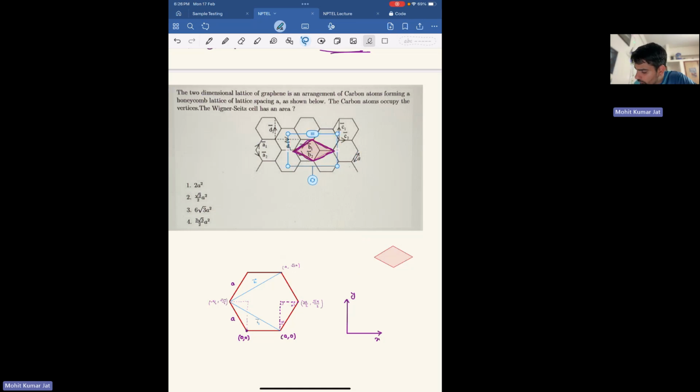So I'll keep it here. Copy and paste. So if I do it like this, the geometry will get repeated. And that's what periodicity means.